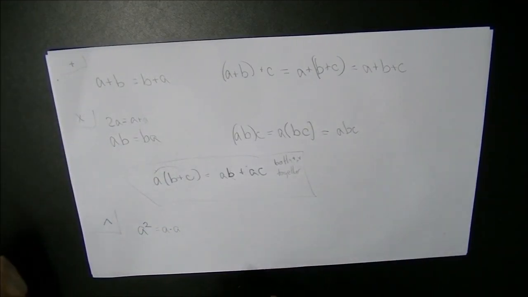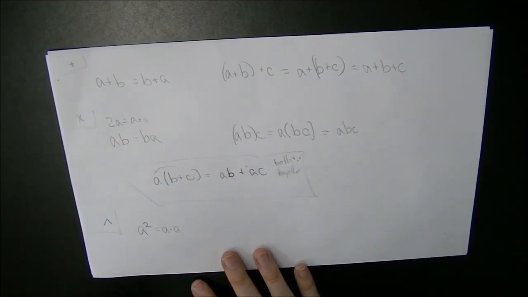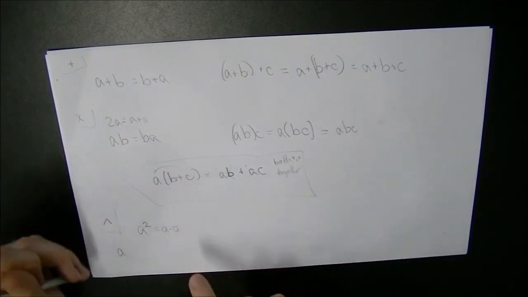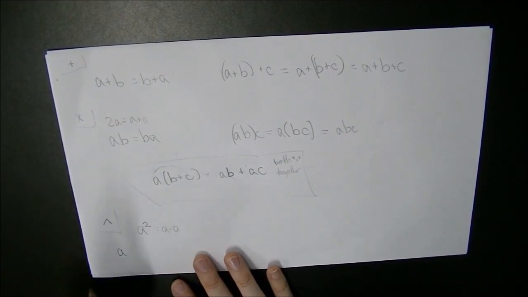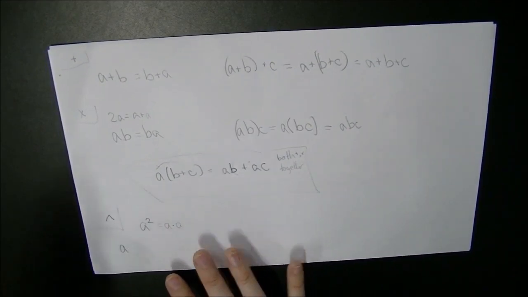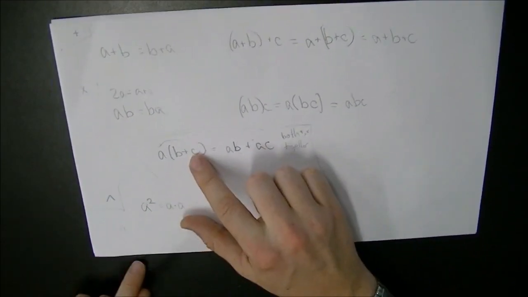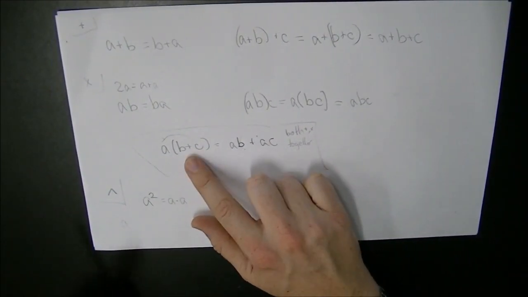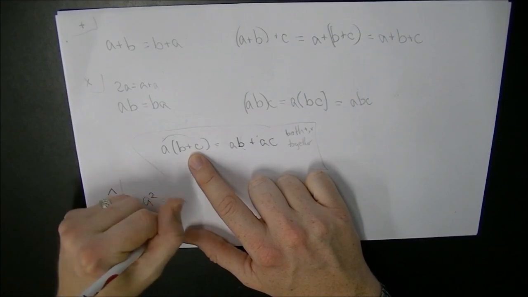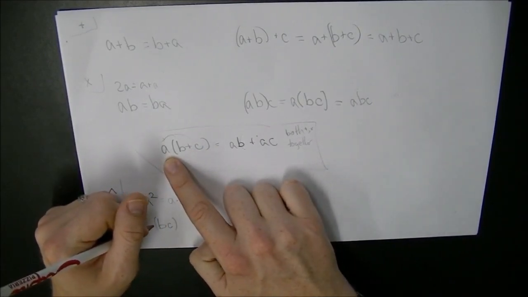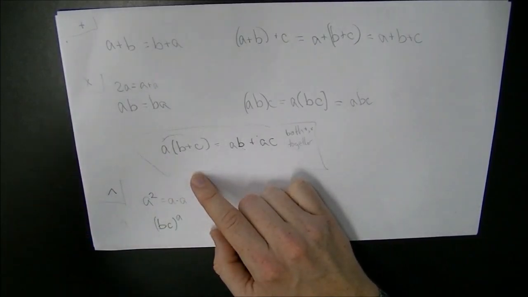Well, what are the rules that we've got? Let's try and look at the distributive law, but instead with exponents. So I had a times b plus c. Let's take that plus and turn it into a multiplication. So bc. And now, rather than multiplying, I'm going to use an exponent.